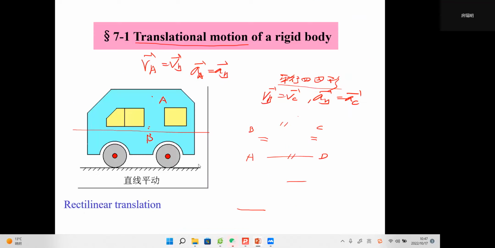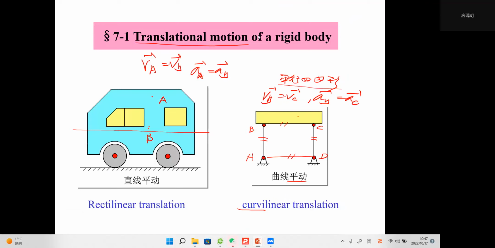So let's see. Translational motion of a rigid body is very easy, right? We don't need too much time to review that. You only need to know that when we say a body has a translational motion, it means you can arbitrarily select 2 points on this body, and these 2 points will always have these characteristics: VA always equals VB, AA always equals AB, right?